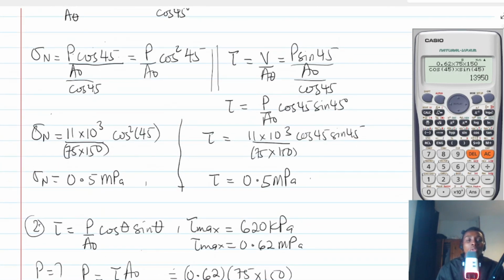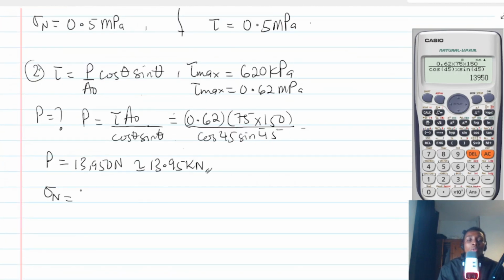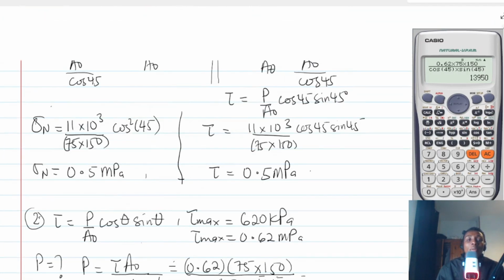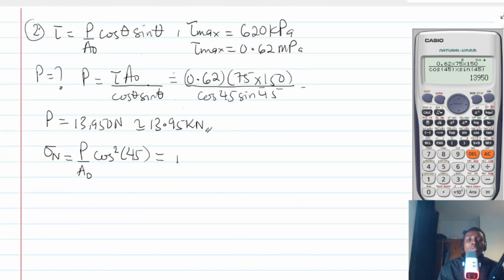The stress is P over A naught cosine squared 45, but this time we use the P that we have gotten. So it's 13.95 times 10 to the power 3 divided by A naught, which is 150 by 75, multiplied by cos squared 45.